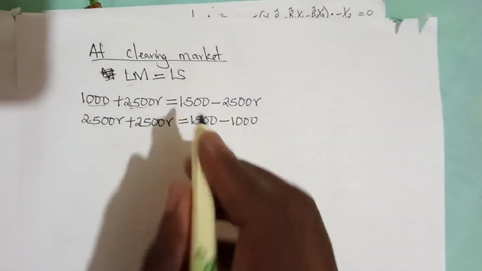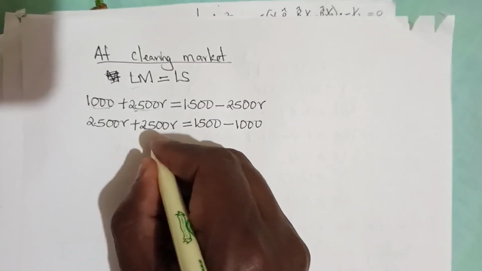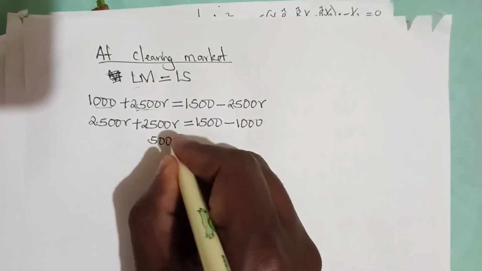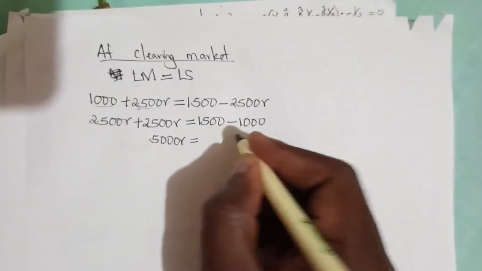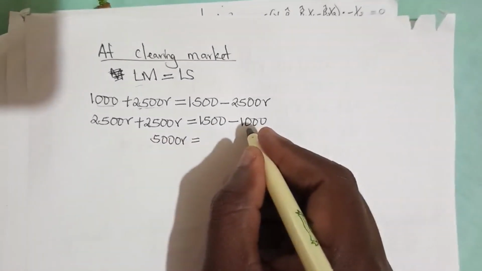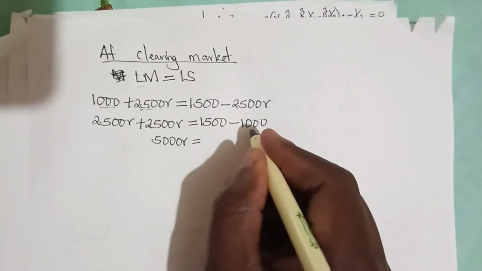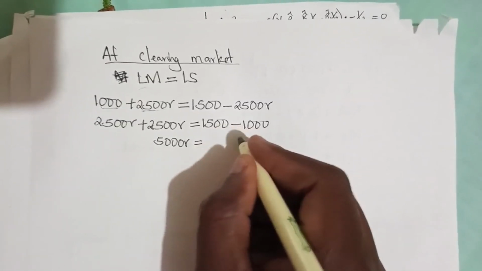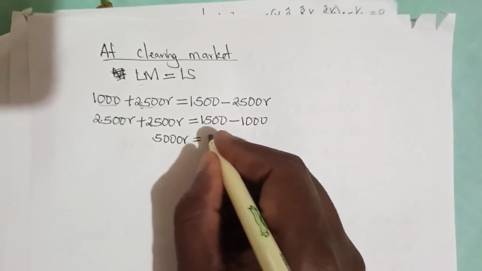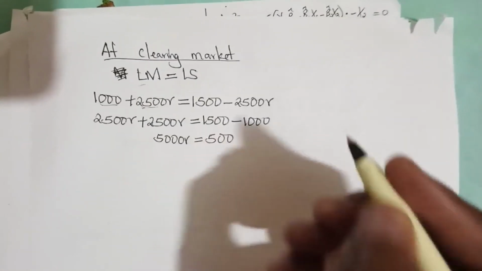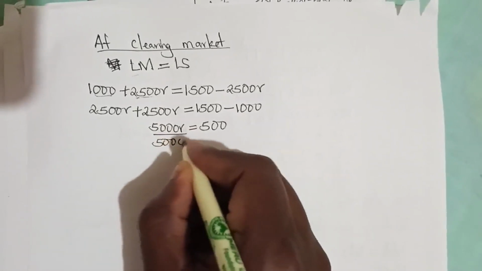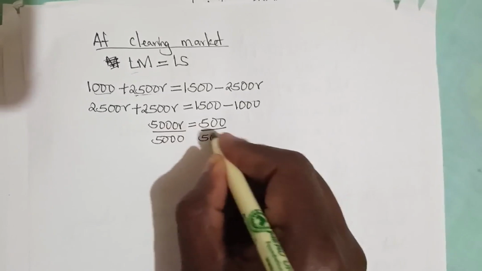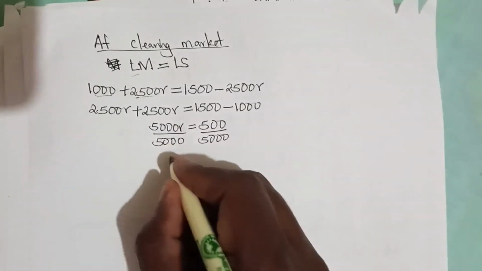Now work out this. You are going to get 5000 R is equal to, if you find the difference here, you will get 500.